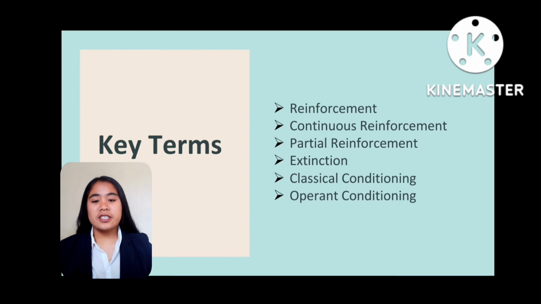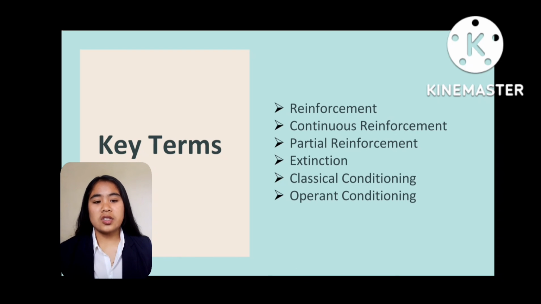Okay, the last material is key terms. The first is reinforcement, a consequence applied to encourage a certain behavior to increase the chance of it happening again. Second, continuous, a type of learning which reinforces a desired behavior every time it occurs. The third is partial, a type of learning which occasionally reinforces a desired behavior after it happens, such as praising a student every other time a question is answered correctly.